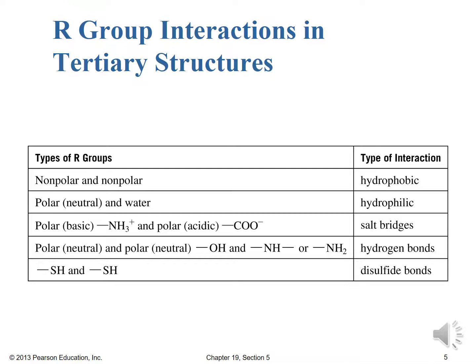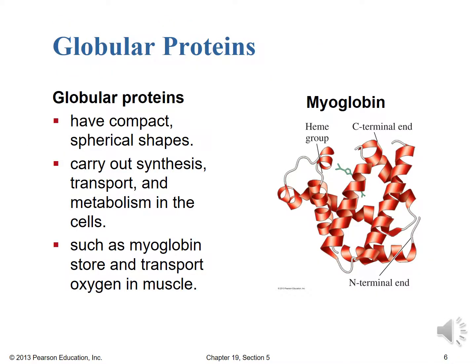We started the whole chapter with a discussion of some different protein types and protein functions, and one of the major types would be globular proteins, and globular proteins tend to have compact spherical type shapes. They're often used to carry out synthesis, transport, and metabolism in cells, and they would include proteins such as myoglobin, which store and transport oxygen in muscle.